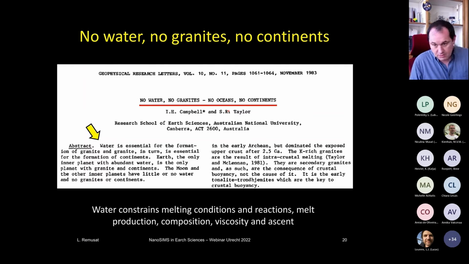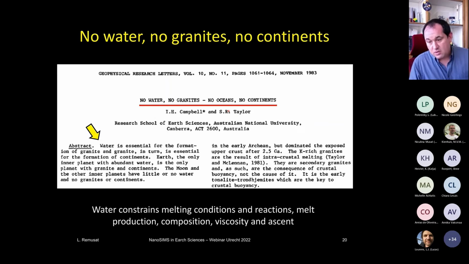To determine the water content of those liquids is not so easy, because when you form the liquid and it moves up to the surface, you can have several processes of degassing or what we call assimilation, so basically chemical exchange with the rock during the movement of the magma toward the surface.